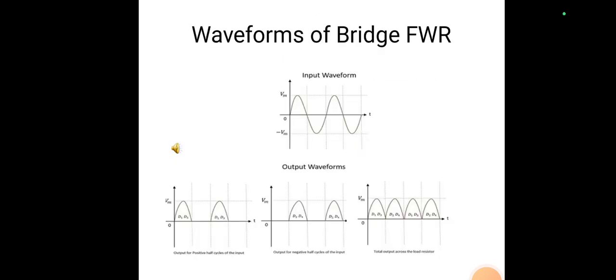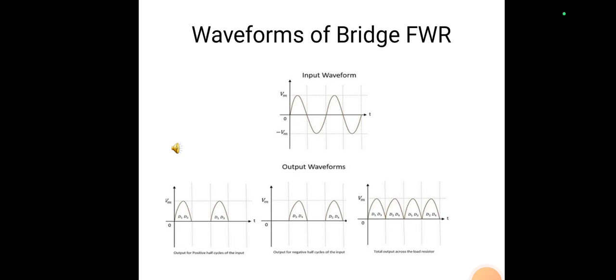For the negative half cycle, this is the AC input waveform, and you get an output in the same direction as for the positive half cycle, due to diodes D2 and D4. In this case, diodes D1 and D3 are in reverse bias, or in the off condition.